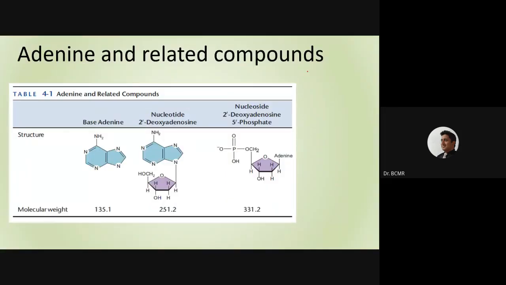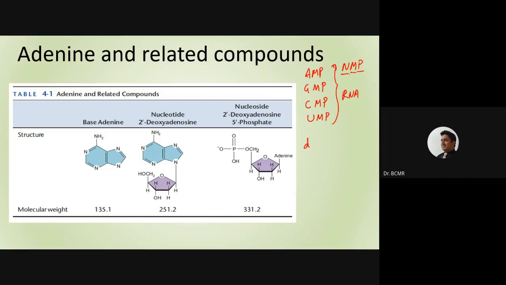So ATP, AMP, GMP, CMP, and UMP will be in RNA. If you have to talk about them collectively, these all can be written as NMPs, nucleoside monophosphates.